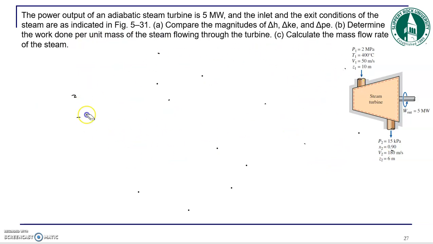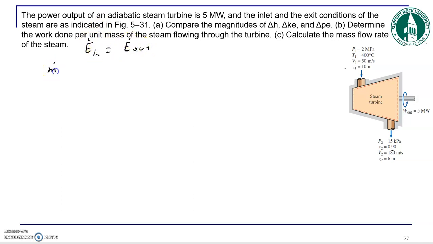All right, so for the second part, we have to write the first law of thermodynamics. The first law of thermodynamics for this system should include the change in potential energy, change in kinetic energy, and also change in enthalpy. So if I want to write, this is a steady state problem, so energy in is equal to energy out.